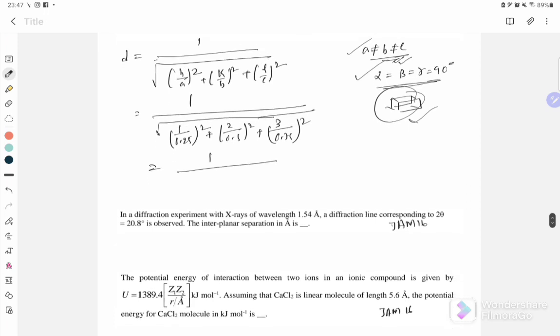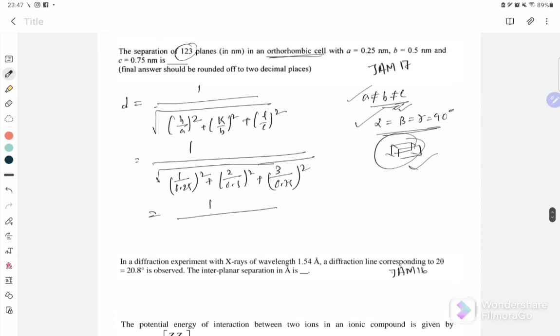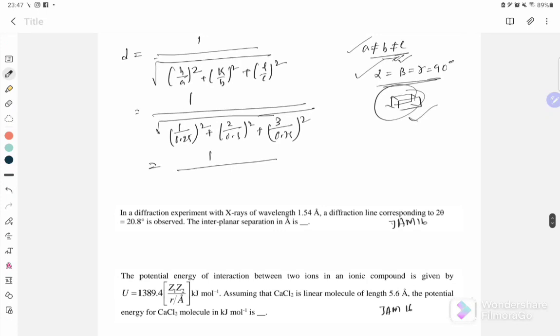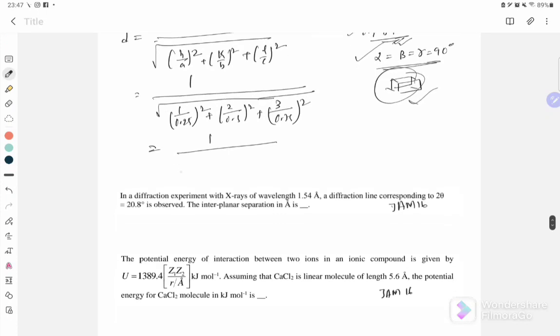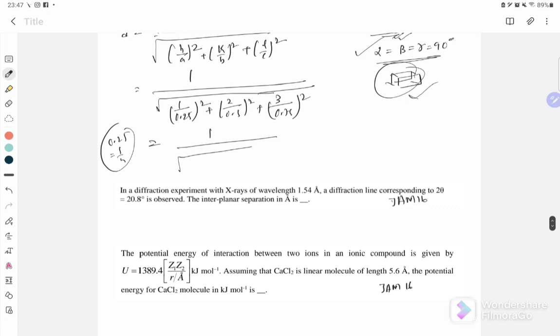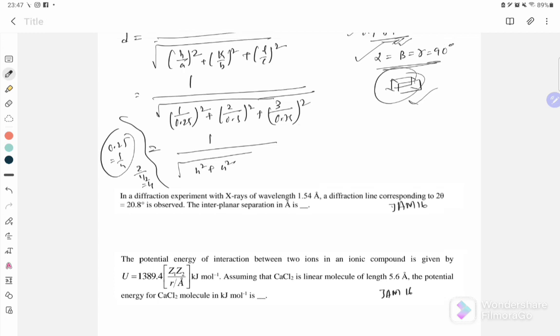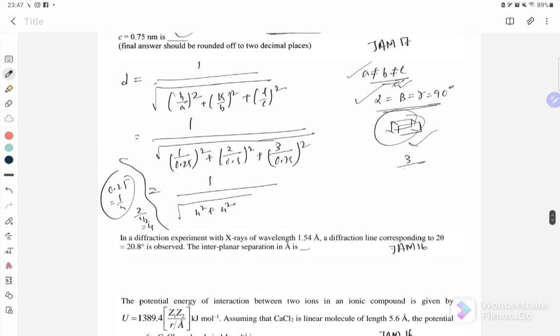We don't have to use the calculator, we can do it ourselves. 1 by 0.25 means 1 by 1 by 4, so 4 goes upside, that is 4 square. 2 by half is 2 by 1 by 2, that is also 4, so 4 square. 3 by 0.75 is 3 by 3 by 4, that is also 4, so 4 square.